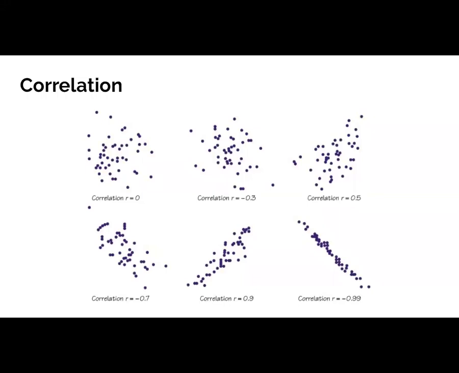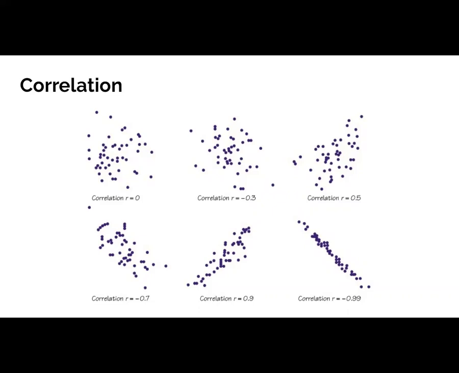So here are examples of what correlation might look like. A 0 is just random, dots on a plot. At -0.3, you can start to see the negative relationship coming out. Then we go to -0.7, and they're getting closer to looking like a line. And here's almost a perfect negative correlation.